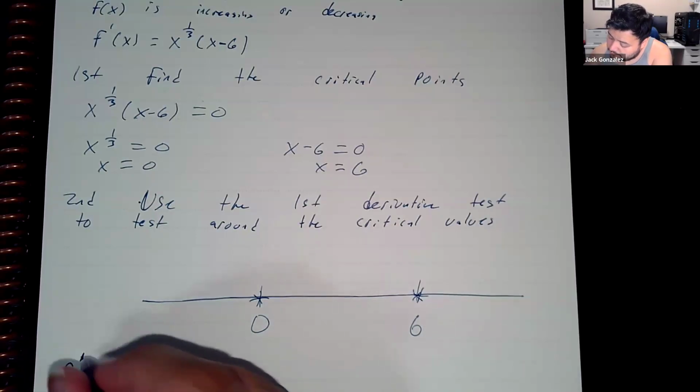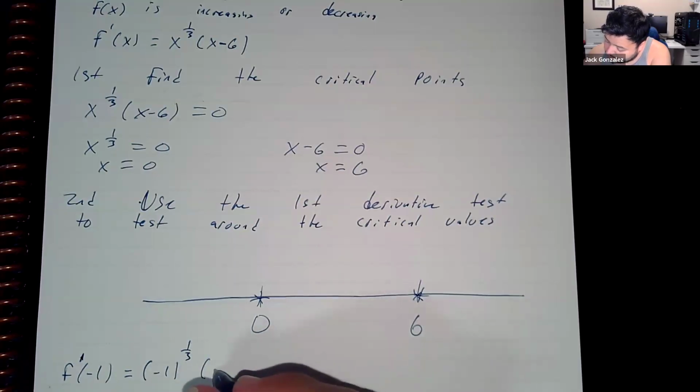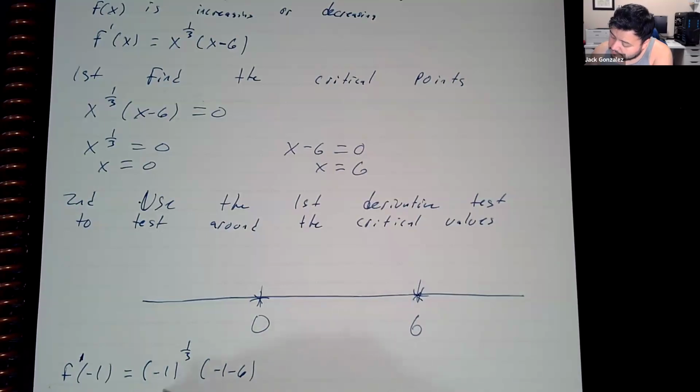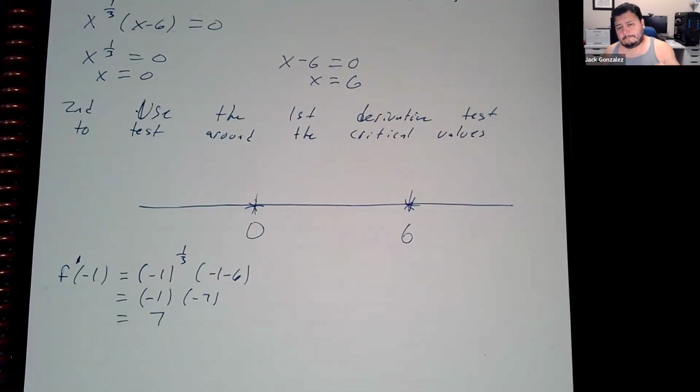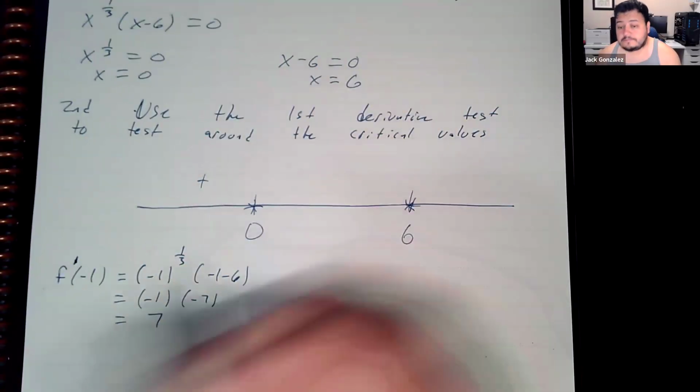So that would be -1 to the 1/3 times -1 minus 6. So it'd be -1 times -7, right? So this is plus.